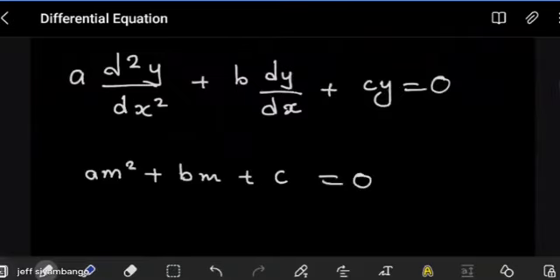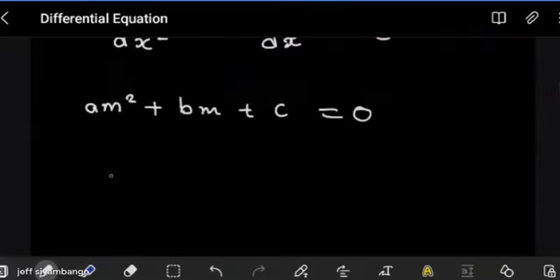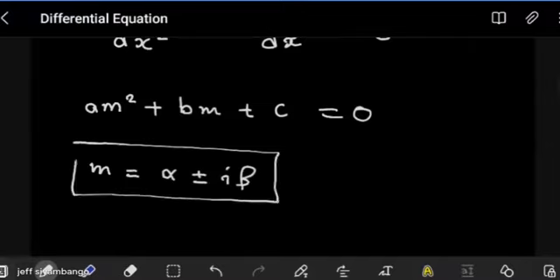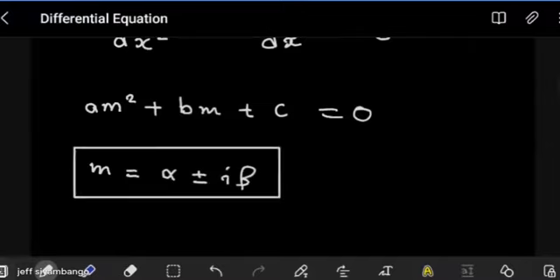When you solve the characteristic equation, if it gives you a complex solution, meaning you have m equal to alpha plus or minus i beta, so you really want to reduce it to this form. Once you reduce it to this form, forget the magic that I just worked out earlier on.